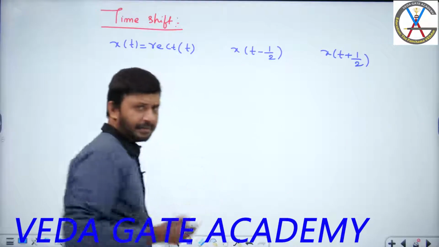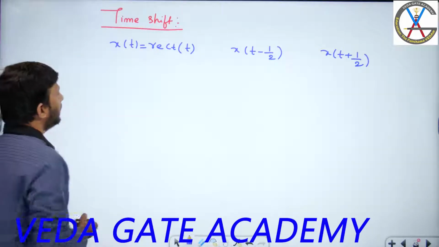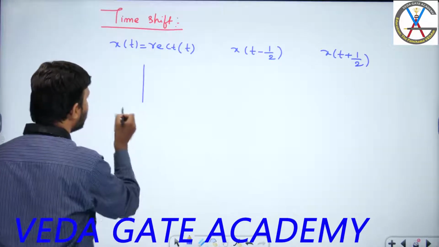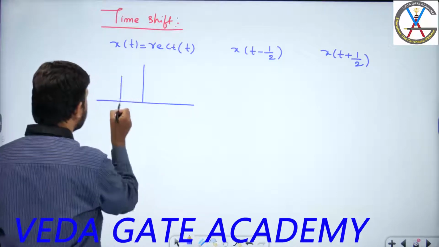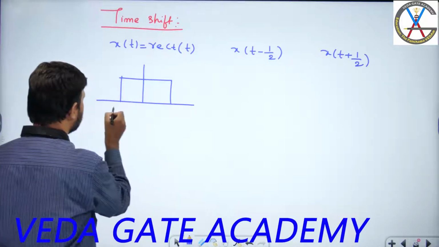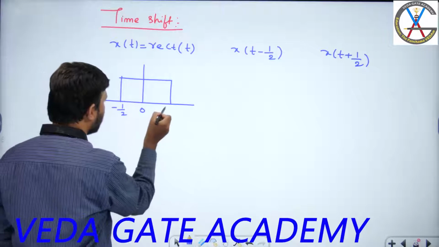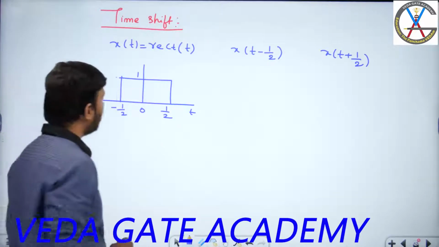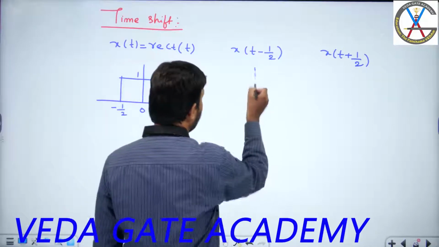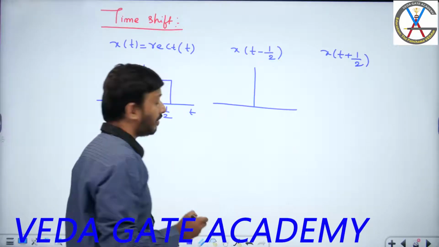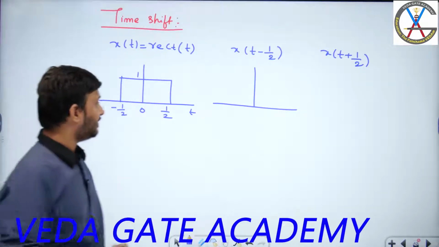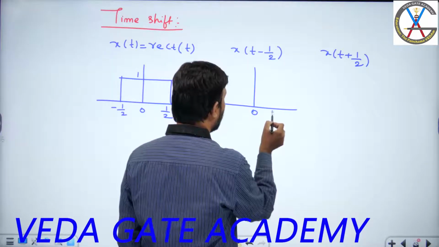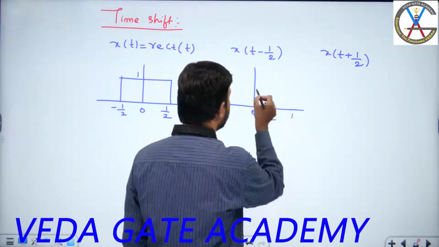Time shifting operation. How are you going to perform it? So rect t means rectangular pulse varying from minus half to plus half. This is my x of t. X of t minus half means delayed version of x of t by 1 by 2 unit. Delay means right shift. So 0, 1 by 2, 1.